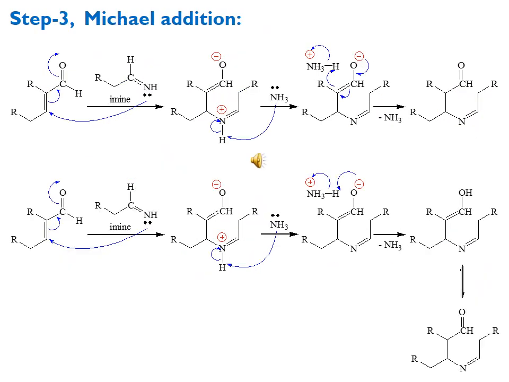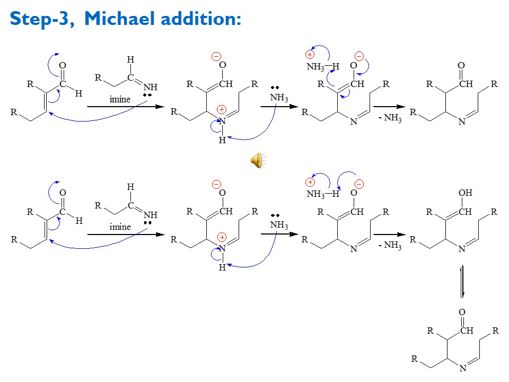Here is step 3, the Michael addition, in which the alpha-beta unsaturated carbonyl compound is added to the imine. We first demonstrate the mechanism. The lone pair of nitrogen in the imine, acting as a nucleophile, attacks the beta carbon, the double bond moves towards the carbonyl carbon, and oxygen gets the negative charge with the breakage of the pi bond.